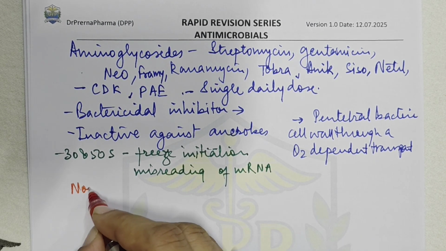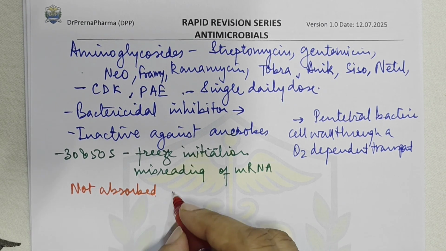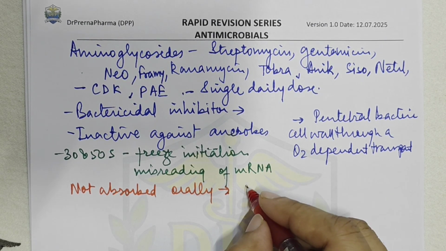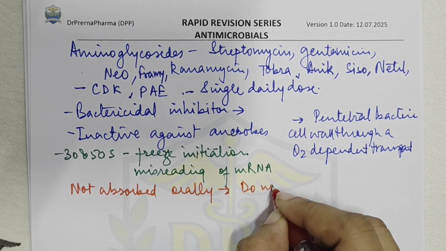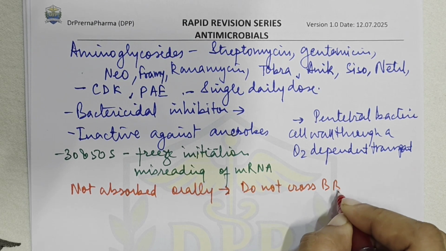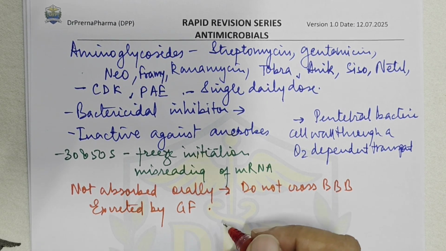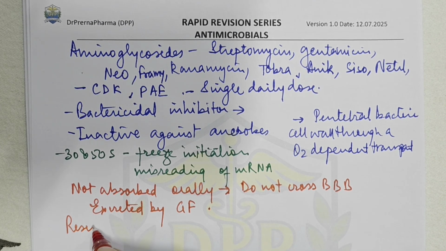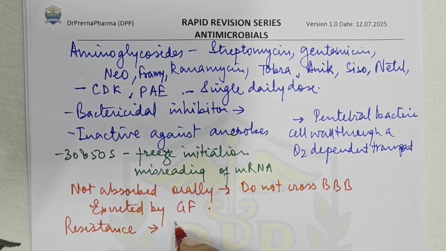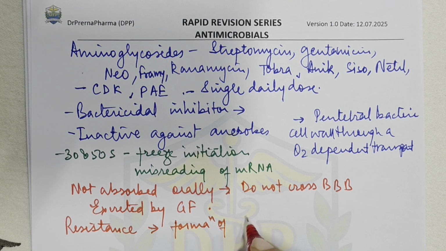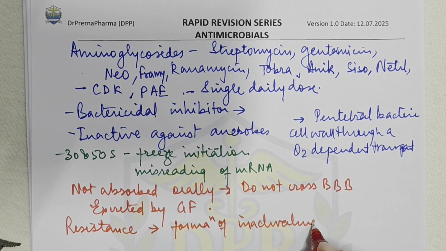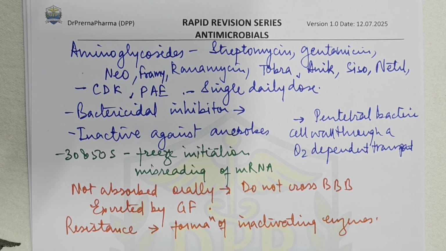Now these drugs are not absorbed orally, okay, and they do not cross the blood-brain barrier. They are excreted by glomerular filtration. Resistance develops to these drugs due to formation of inactivating enzymes, right?